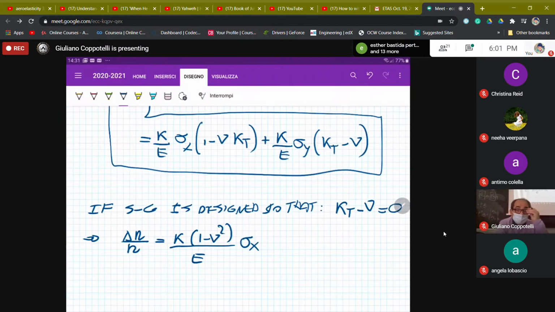And thus we have found a way of measuring the stress in your test specimen under the assumption that it is working under the plane stress condition.